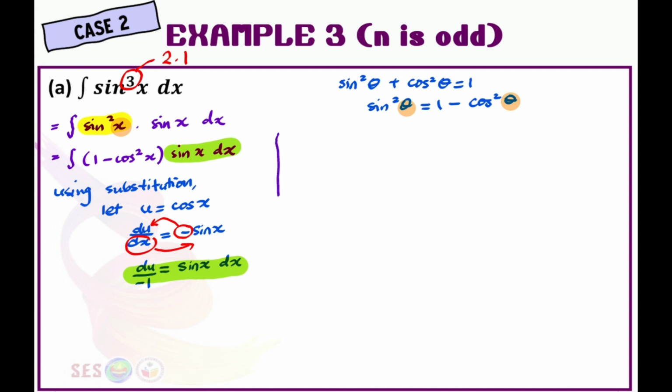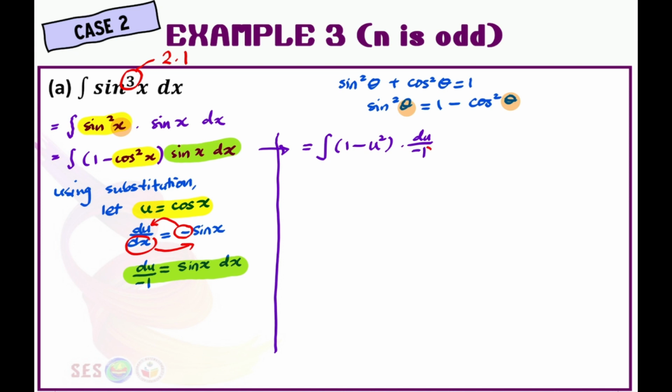So I will continue over here. I have 1 minus, and now my cos has turned to u. So I have 1 minus u squared, and then sine x dx has become du over negative 1.